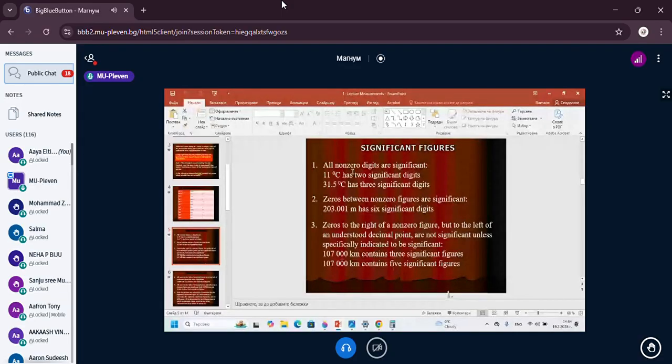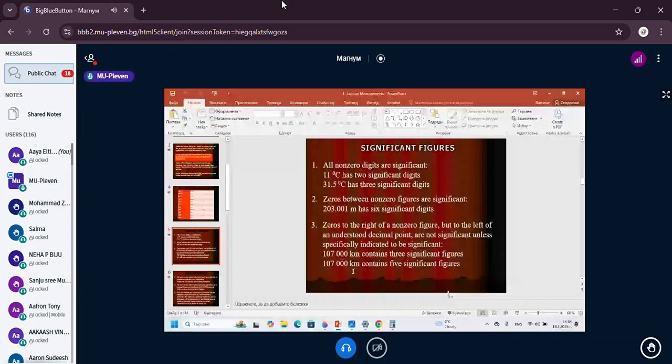The 0 is significant according to the previous rule, but those 3 zeros after the number 7 are not significant according to this rule, unless, as given in the text, specifically indicated using a stroke above the numbers that are to be considered significant.